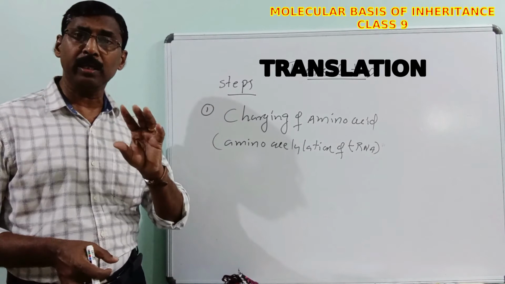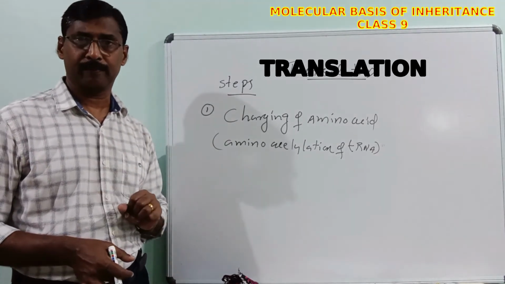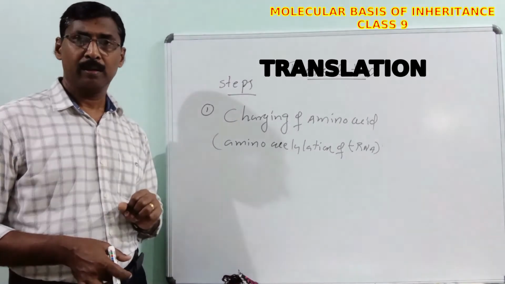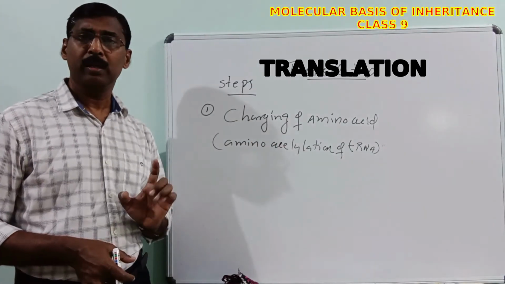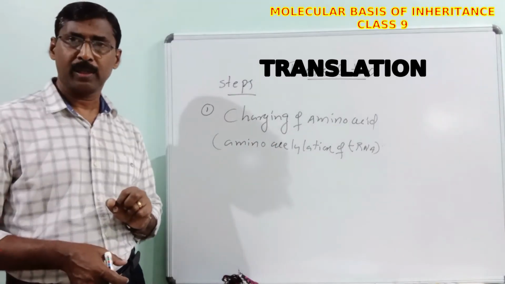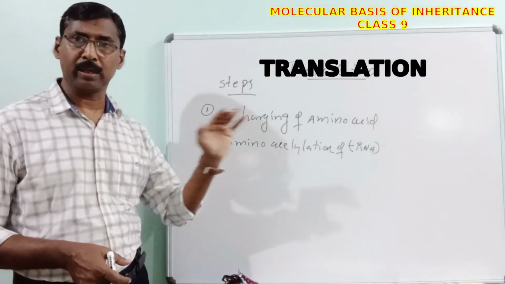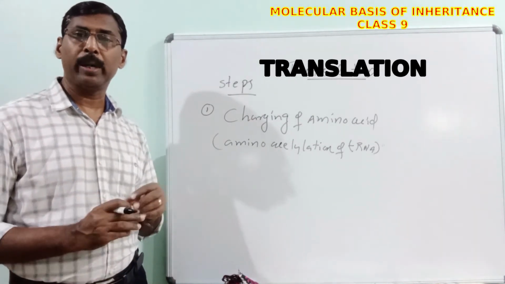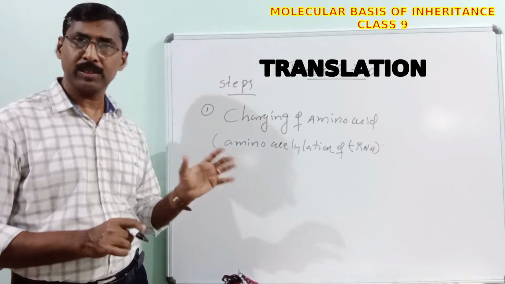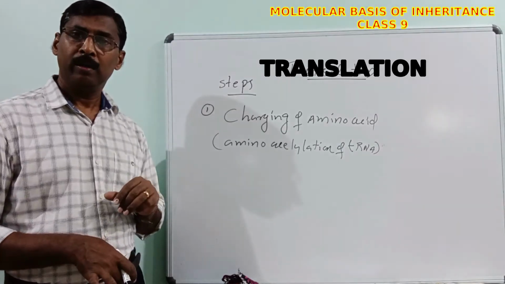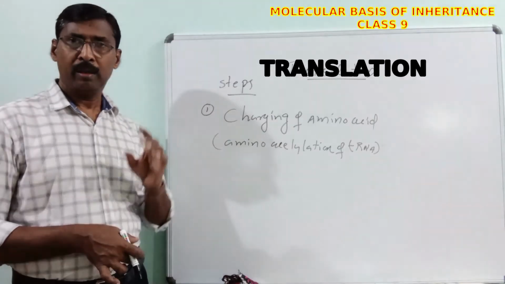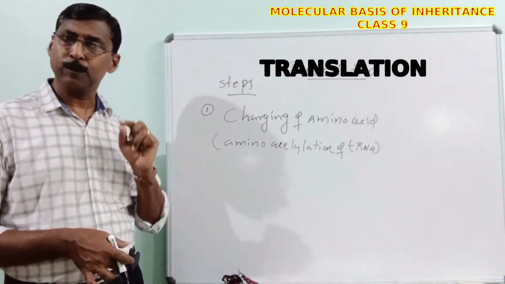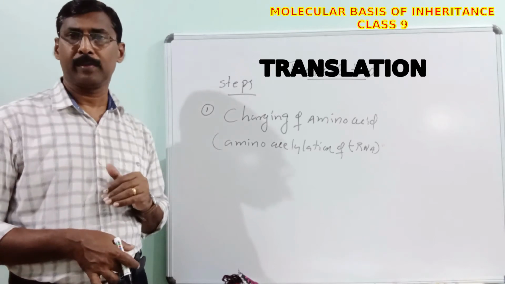So that is also called amino acylation of transfer RNA. That means combining of amino acid with the transfer RNA is called amino acylation of transfer RNA. As we have seen, transfer RNAs are very specific. For every amino acid, there is a specific transfer RNA.